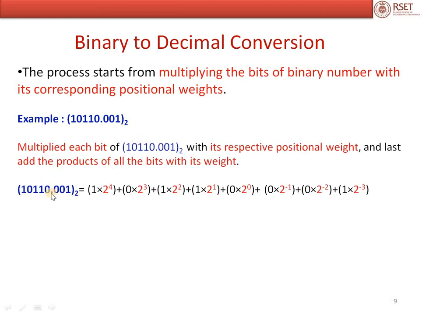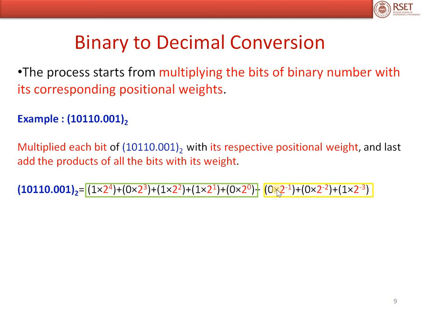So here you can see that each bit is multiplied with the corresponding positional weight, a power of 2. This is the integer part and this is the fractional part. So its positional weight here corresponds to 2 raised to minus 1, 2 raised to minus 2 and 2 raised to minus 3.